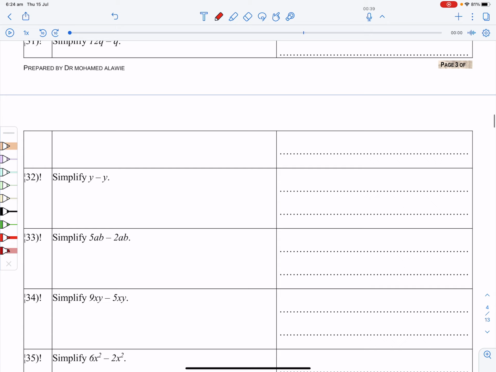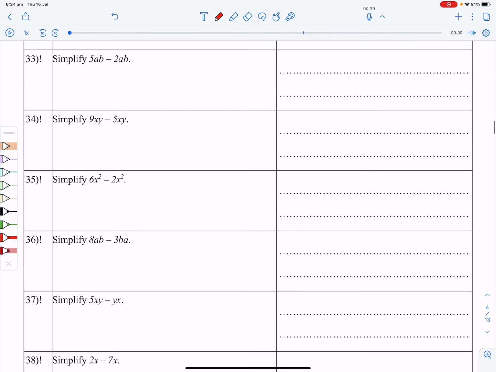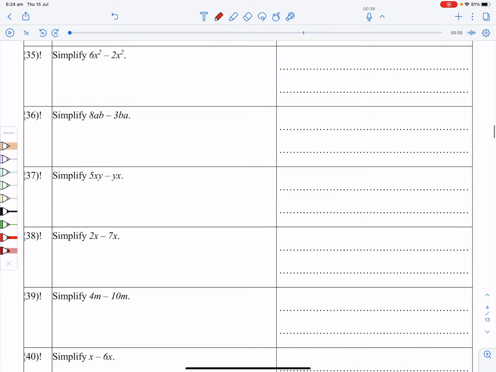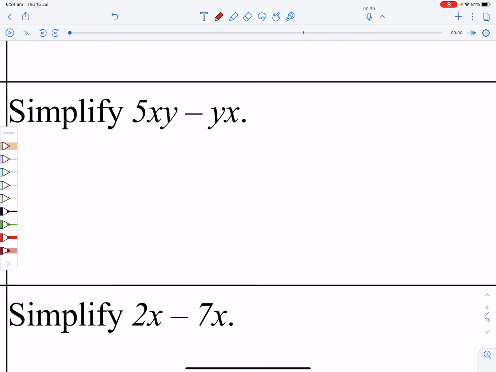Okay, the rest of these are relatively straightforward. Question 32, y take away y is 0. You can have 0 as one of your answers. Okay, question 37, again, 5xy minus yx is exactly the same as 5xy minus 1xy, which is 4xy.